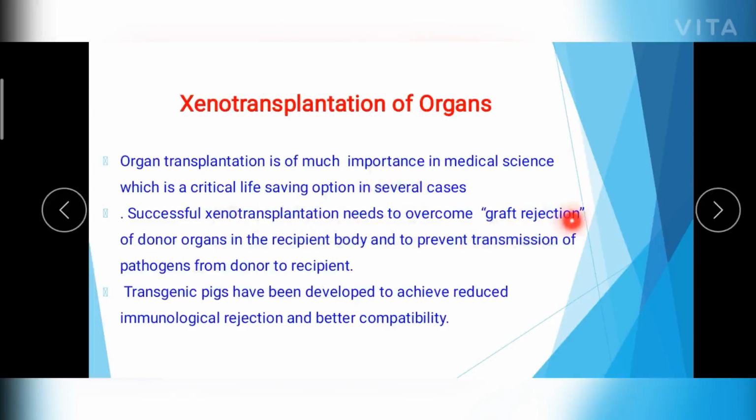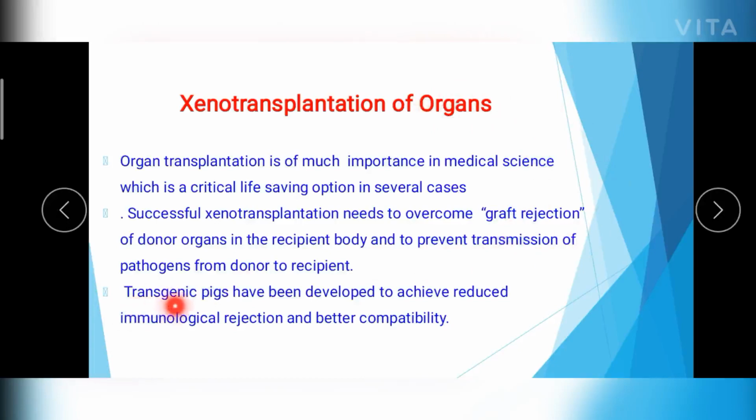One is you should take care of graft rejection, and the organs which you are taking from the donor should be pathogen free or infection free. These two criteria, graft rejection and pathogen-free, infection-free organs, are taken into consideration while transplanting organs.